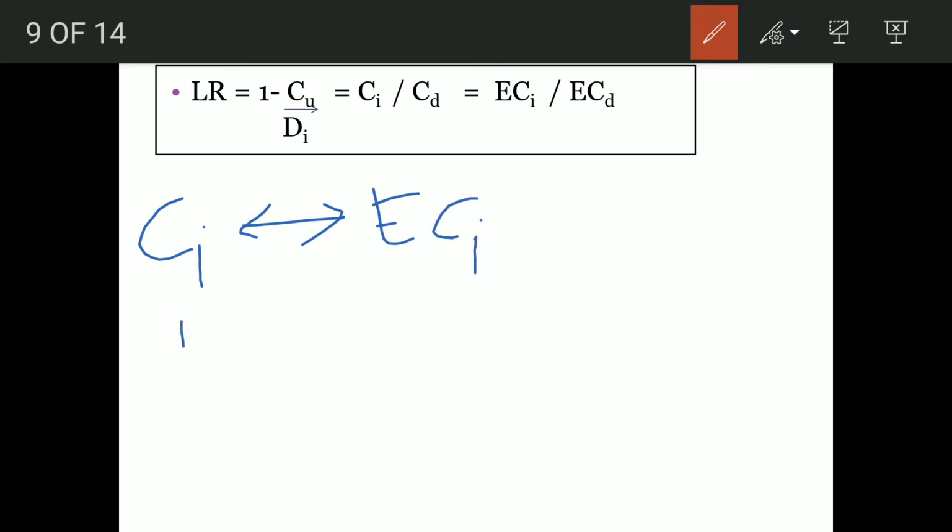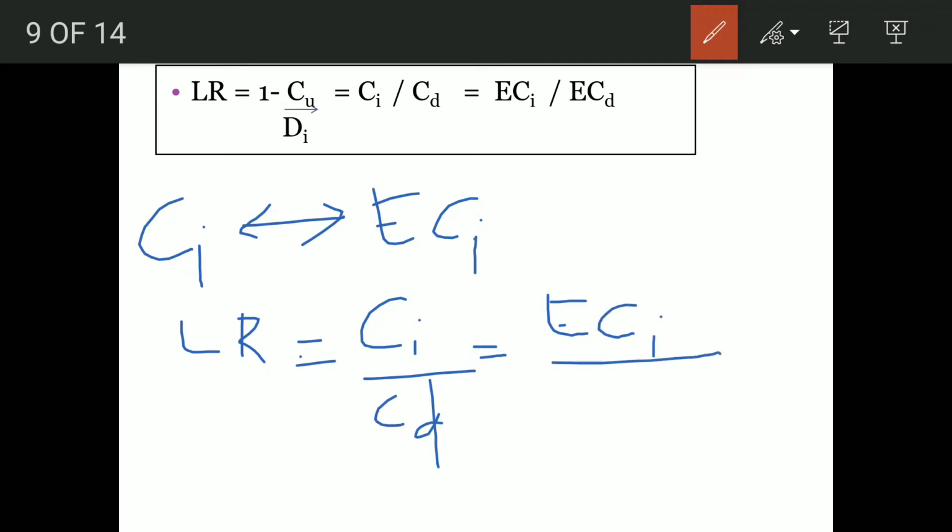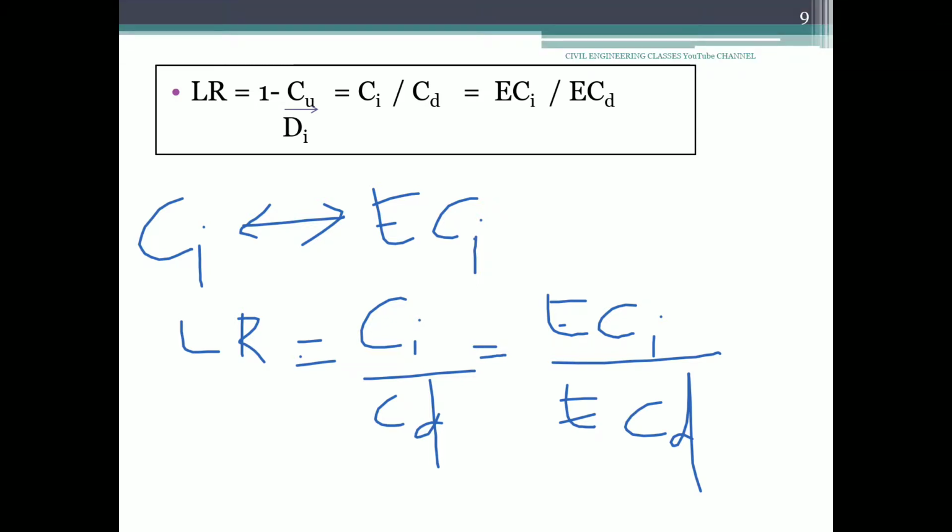So LR, we have already explained it as CI divided by CD. That can also be written as electrical conductivity of the irrigation water divided by electrical conductivity of the drained water. So these are the basic equations to find out the leaching requirement.